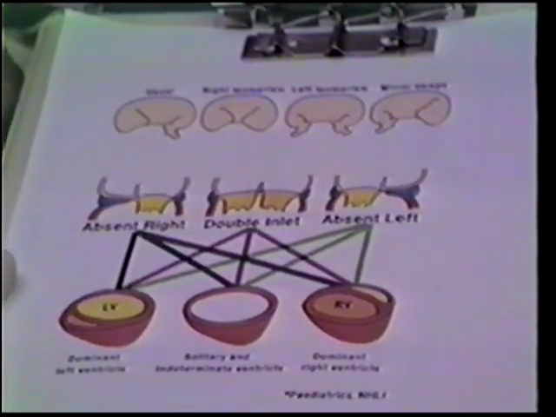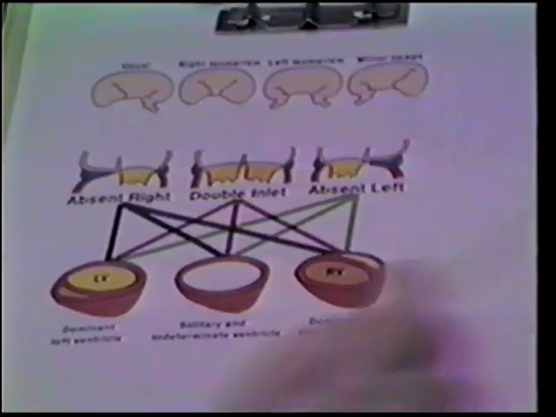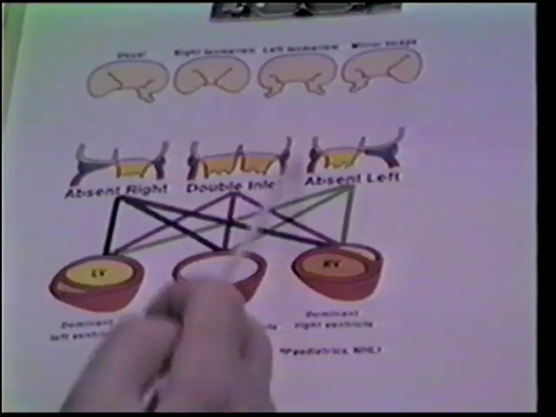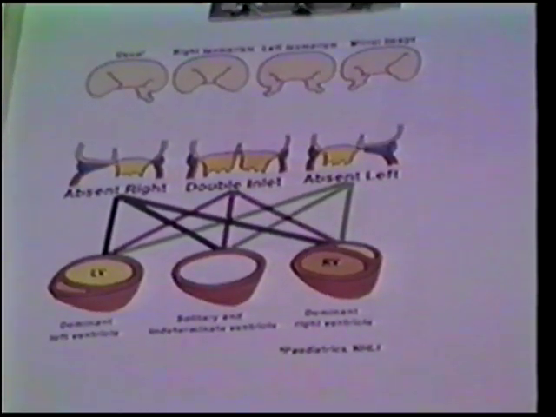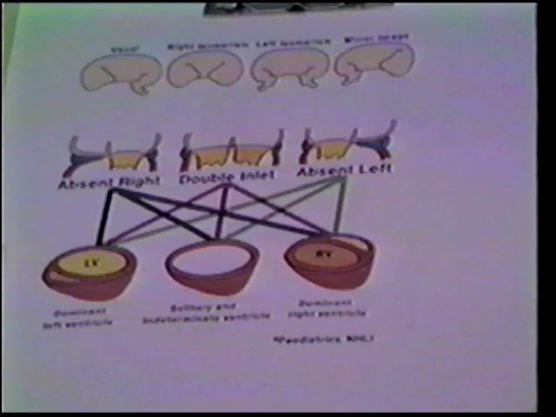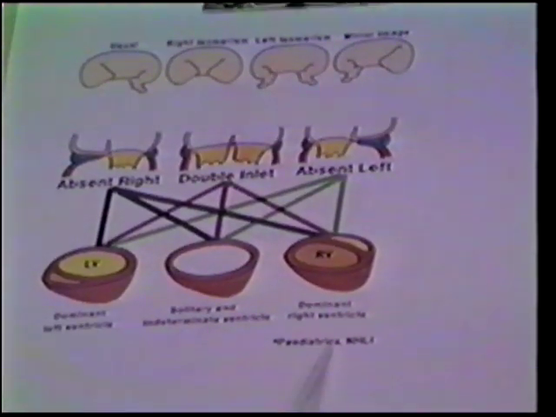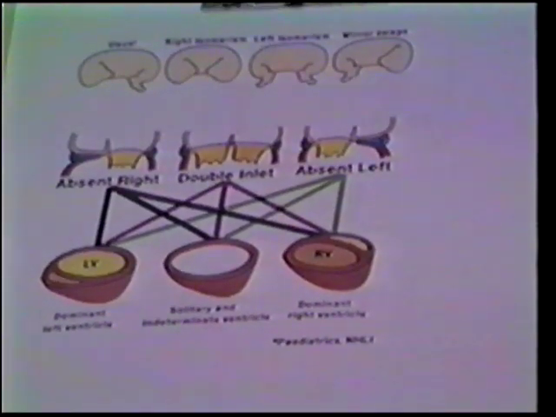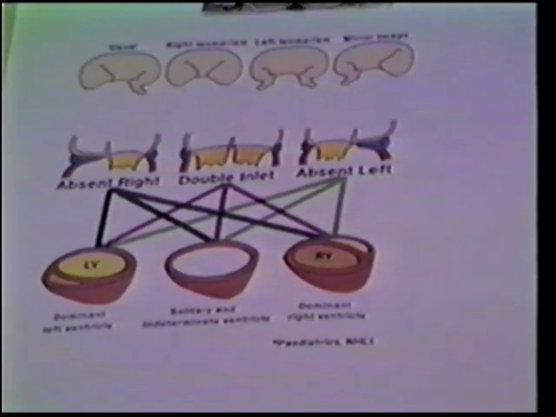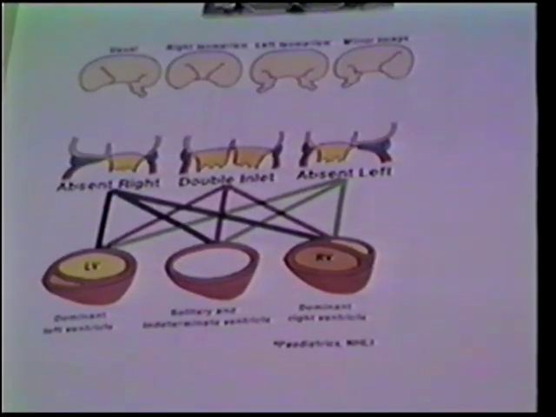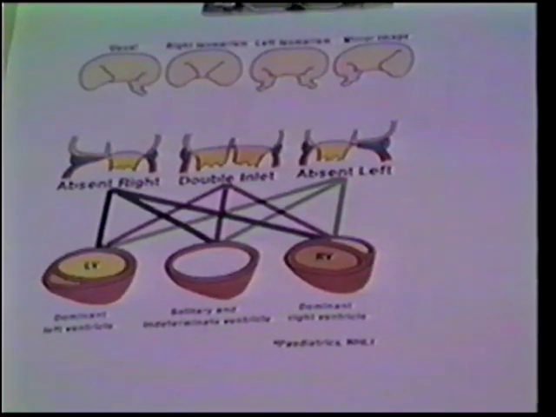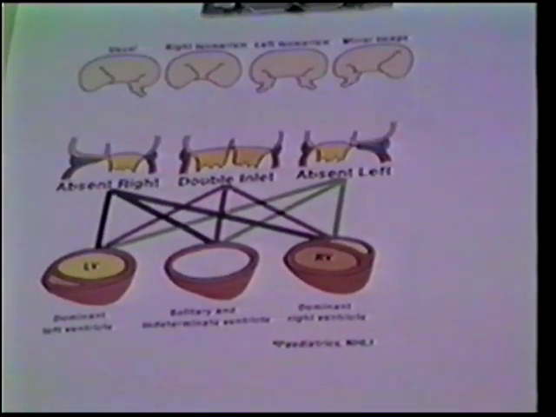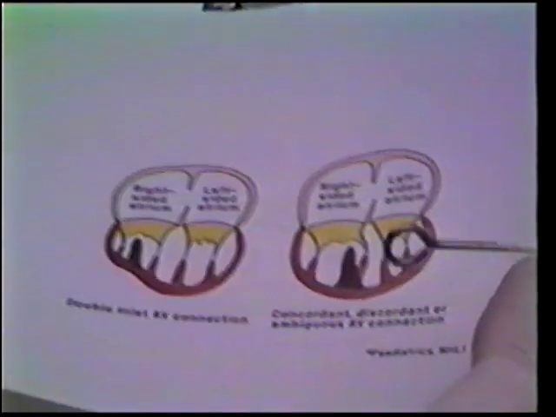Now, what is the relationship between double inlet ventricle and a biventricular atrioventricular connection? Because that is what we are concerned about this afternoon, double inlet ventricles. Now let us go to another chart and we'll see what happens.